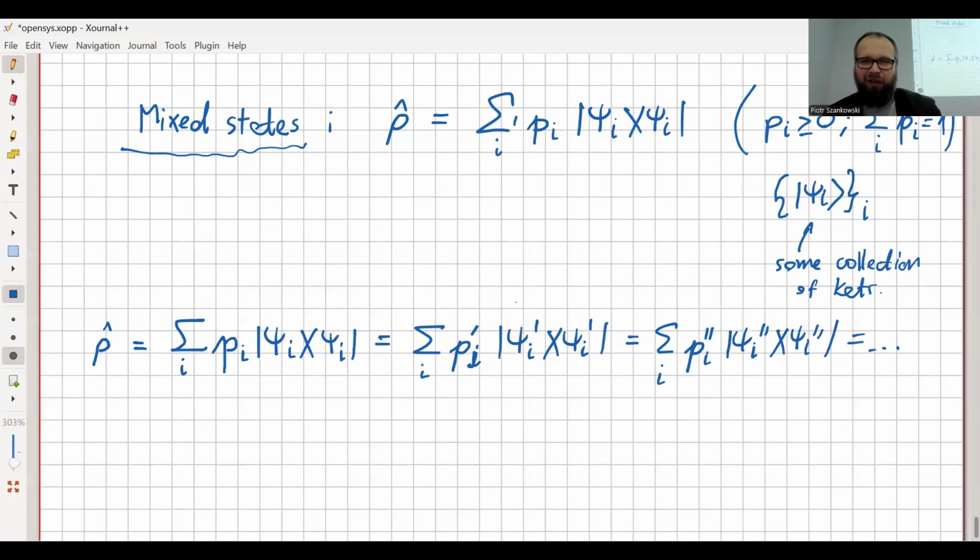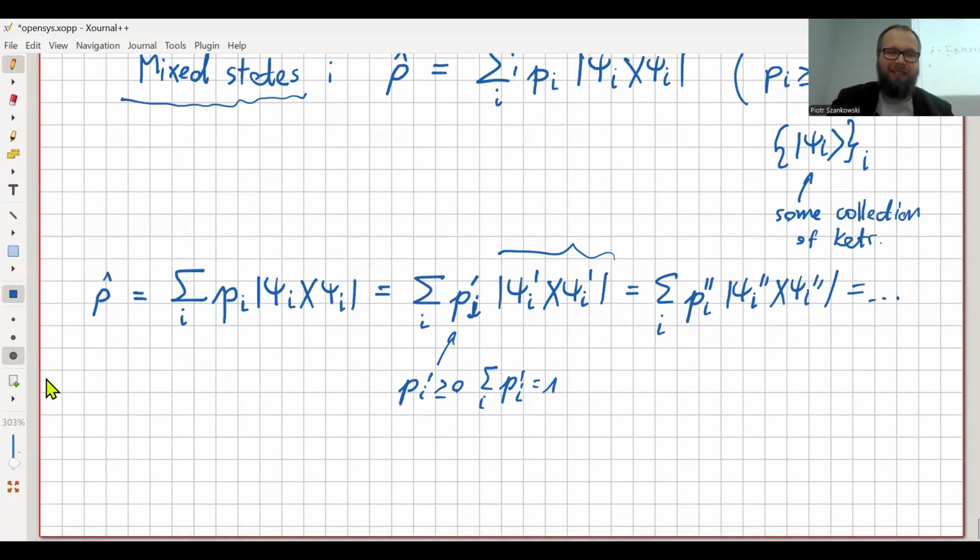And each of those, so this p prime is also non-negative, and they sum up to 1. And again, this is some collection of cats. P bis is the same, p tris is the same, and so on and so forth. And this is kind of weird, but there's a nice example that you can showcase this feature.